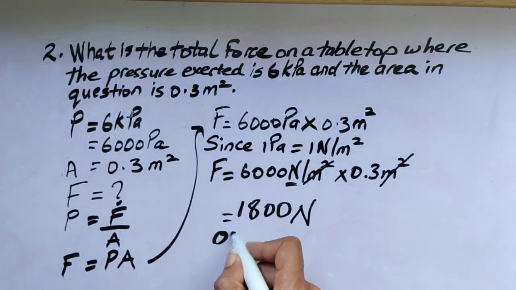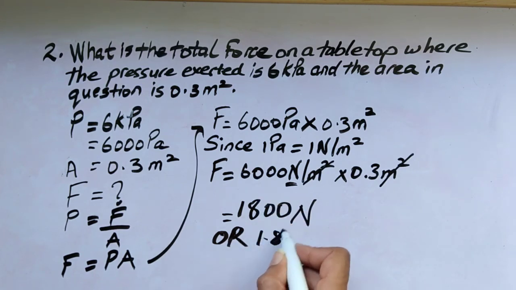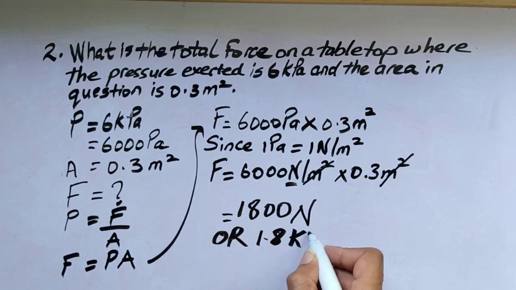Yeah, so let's do that. 1800 newtons, we could divide by 1000, shift the decimal 3 places, and we'll get 1.8 kilonewtons. Alright, so that was a relatively easy question.